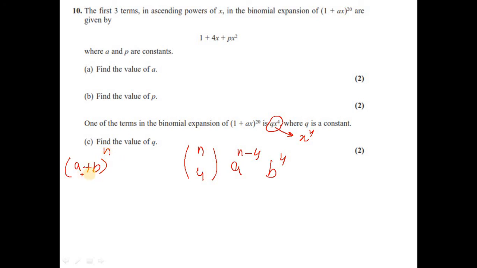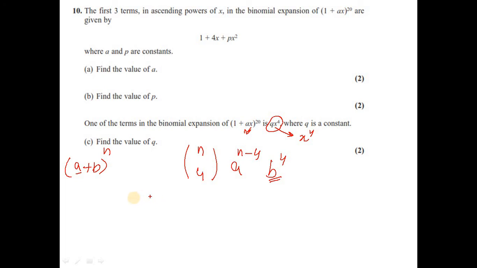If you need to find the term involving b to the power 4, that's how we do that. So nC4 a^(n − 4) b⁴. Here a is the first term of the expansion, b is the second term of the expansion. Because we need qx⁴, x is the second term. So we can apply this approach in our given expansion.